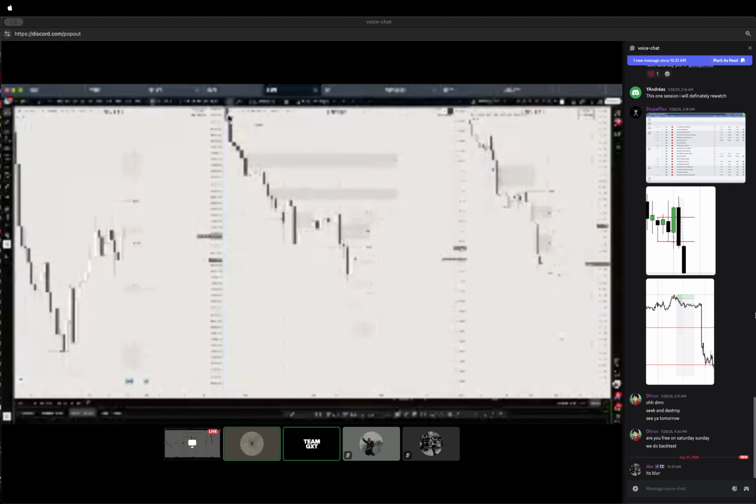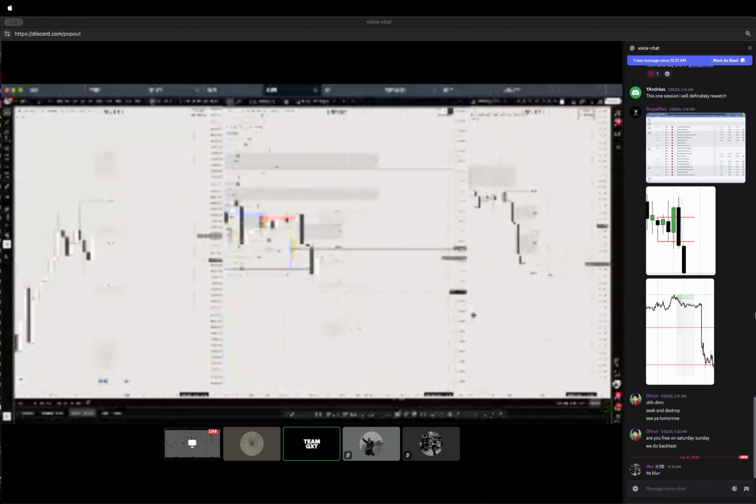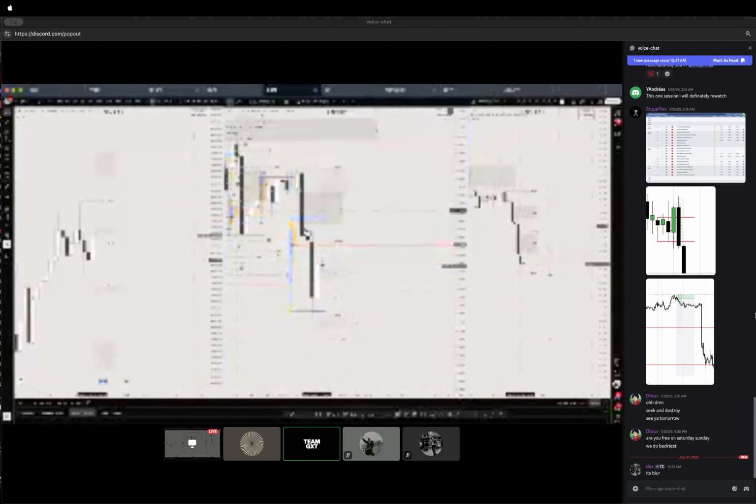Let me see. I'll throw on session volume profile real quick, just to see if there's any naked POC in the vicinity. Okay, that's interesting. There is. There is this high volume spike here, right near PDQ.